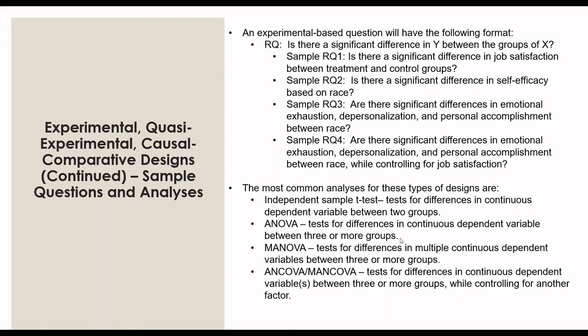And ANCOVA or MANCOVA stands for analysis of covariance, meaning that you have control variables. That's where you add a variable you want to hold constant and see if there are still differences in your variables between your factor.